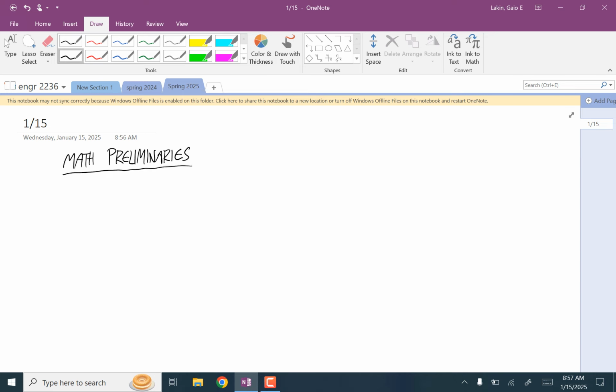And so the things I want to go through are, first, taking derivatives of vectors. And there's an important caveat here. What we're doing in this case is taking derivatives of vectors in non-rotating coordinate systems.